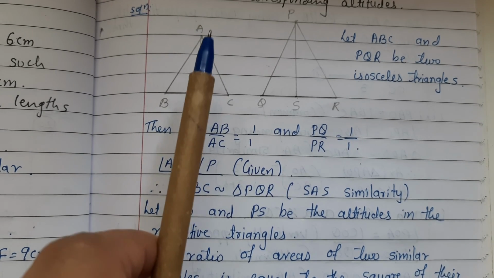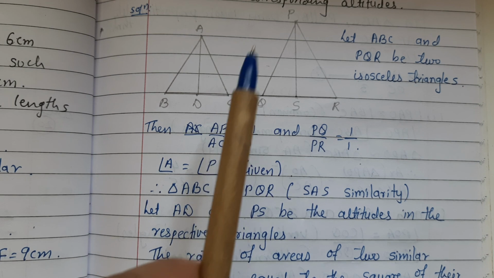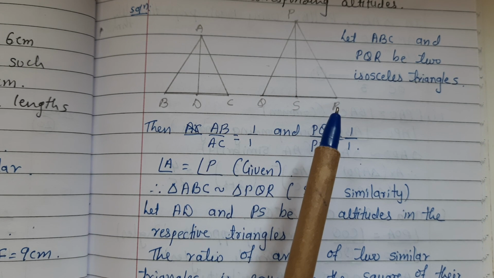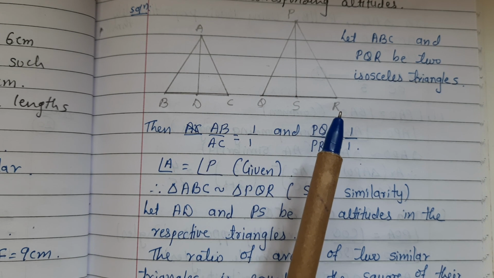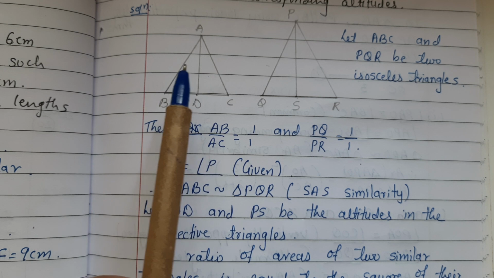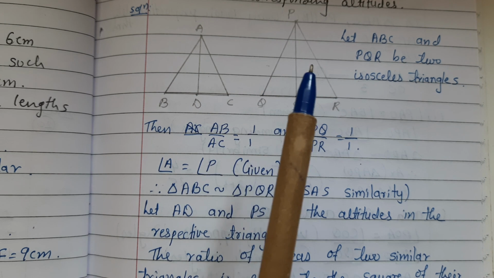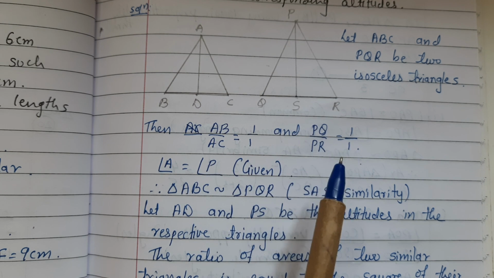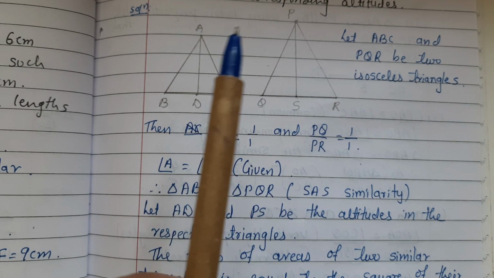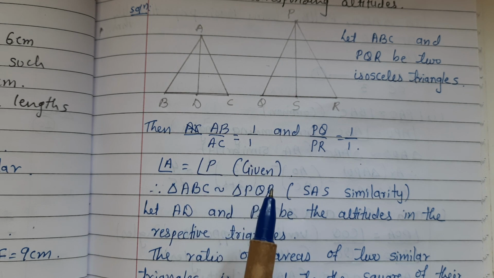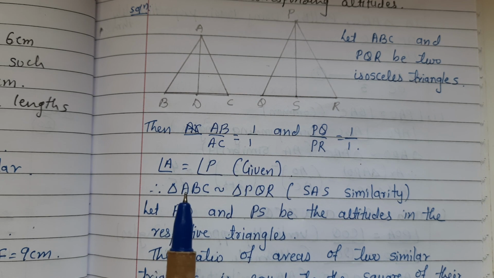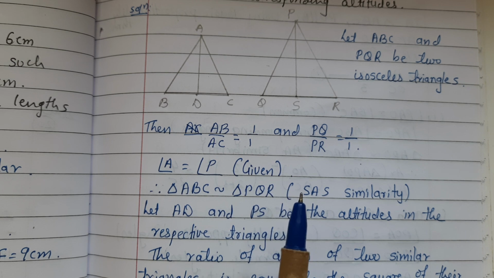Let ABC and PQR be two isosceles triangles. Then AB upon AC is equal to 1 upon 1. PQ upon PR is equal to 1:1. Angle A is equal to angle P, given. Therefore, triangle ABC is similar to triangle PQR by SAS similarity.